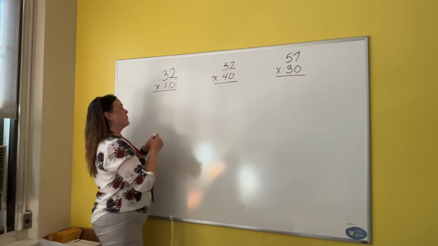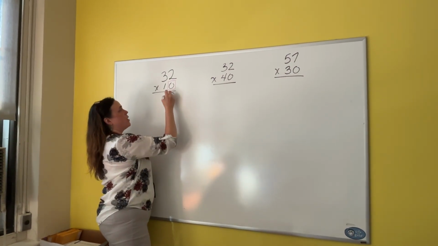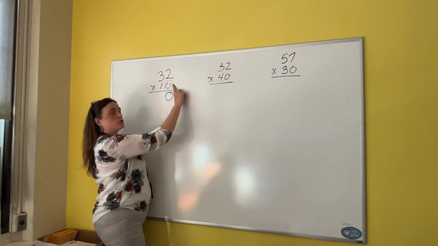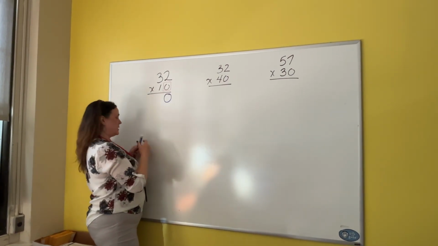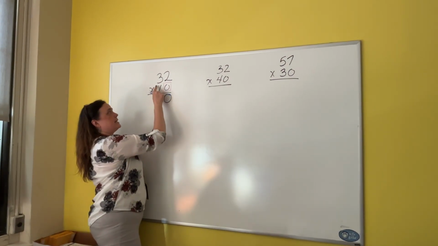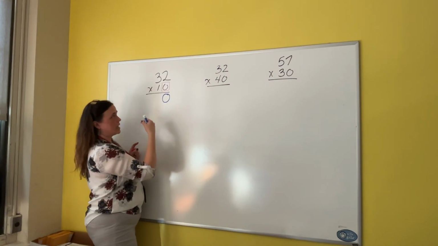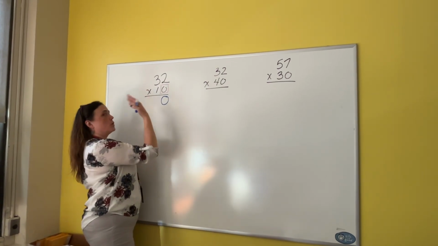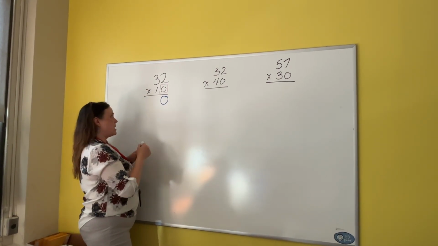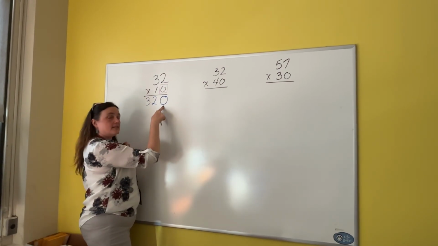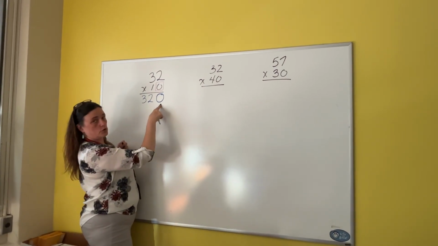So I'm only going to have 1 0 in my answer because I know my answer will be in the tens. That's what that 0 communicates. So 1 times 32 is all I'm working with because it's 1 ten times 32. So it's going to end up being 32 tens, which is 320.